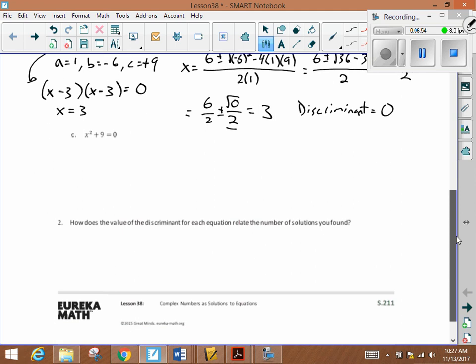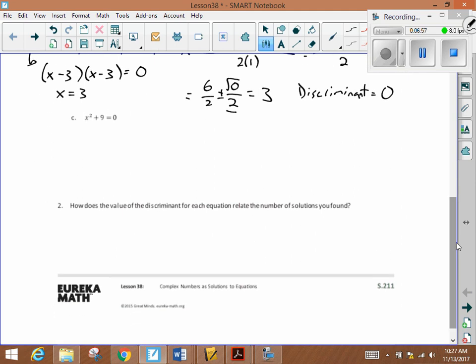All right, let's look at this one. Let's use the handy-dandy quadratic formula on this one. We get a equals 1, b equals 0, and c is equal to positive 9. So I plug that in.